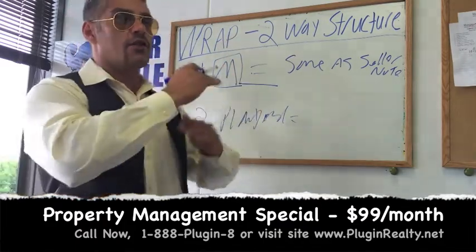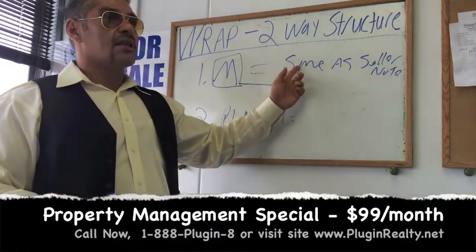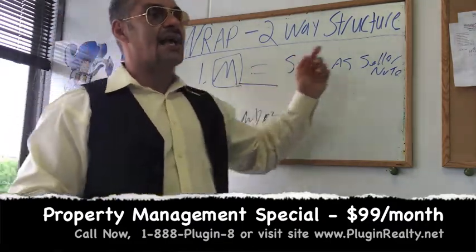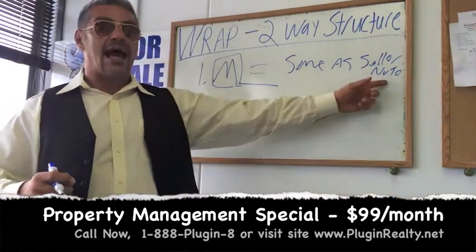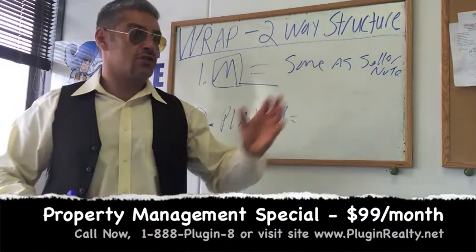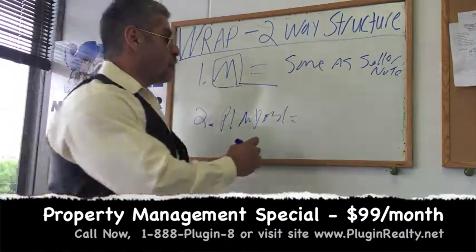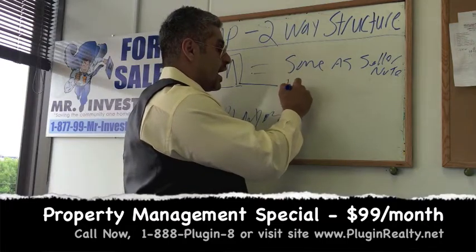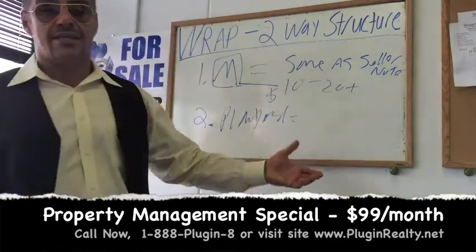So all the terms are exactly a mirror. And what they do is they'll just assign that contract to another retail buyer for exactly what they negotiated, which is to pay the seller's underlying note and nothing else. And in return, they only get maybe 10 grand or 5 grand or 20 grand or more for that transaction.